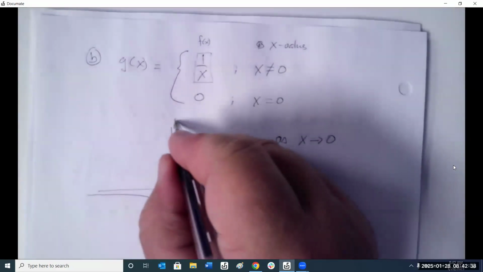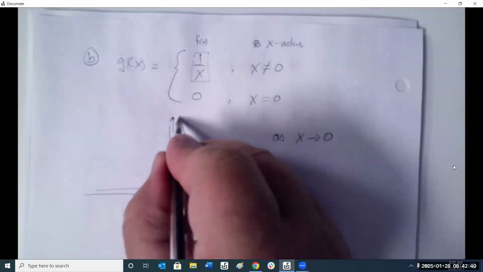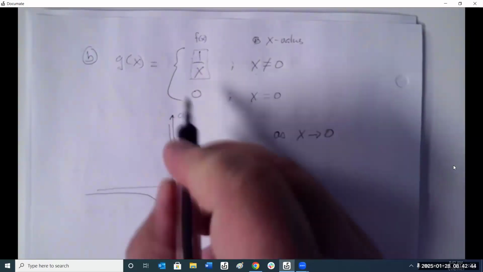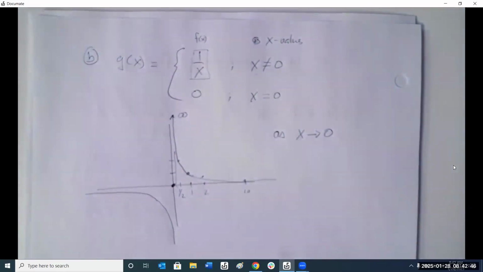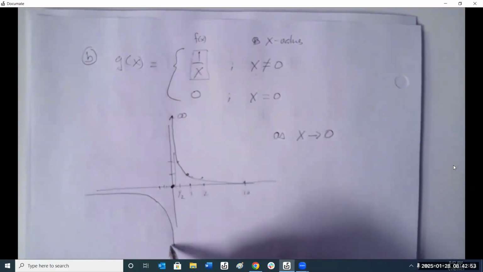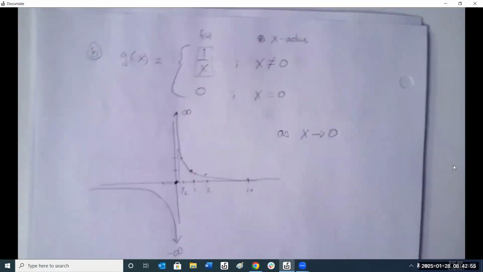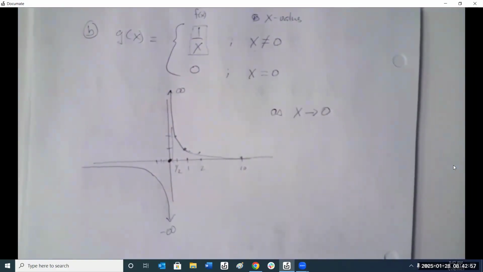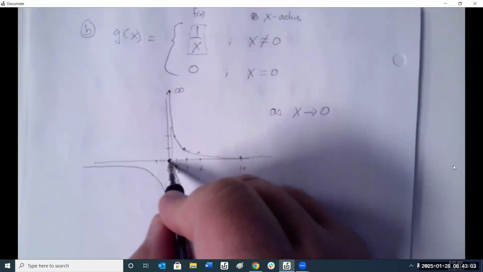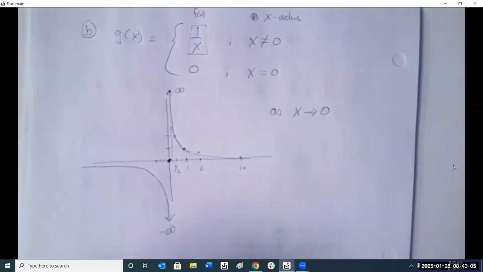My y value is going to infinity. As x gets closer to 0, the y values keep on getting higher and higher and higher. From the right side. From the left side, the closer I get to 0, I get negative infinity. They become infinitely large. And at 0, it becomes 0. So there's another discontinuity.